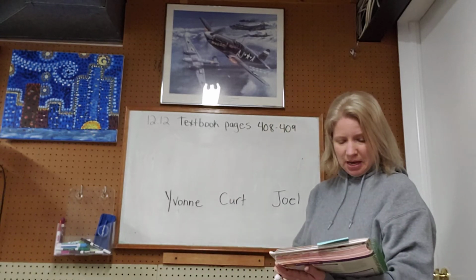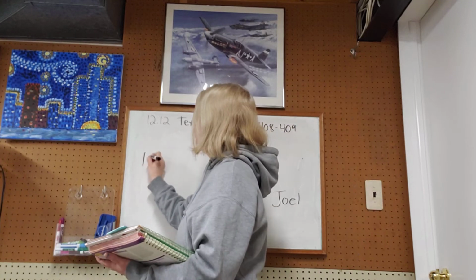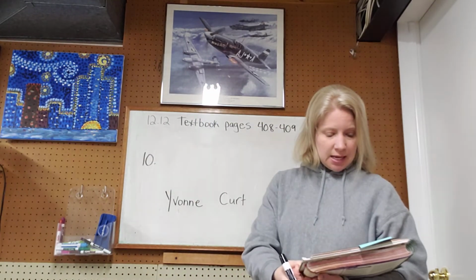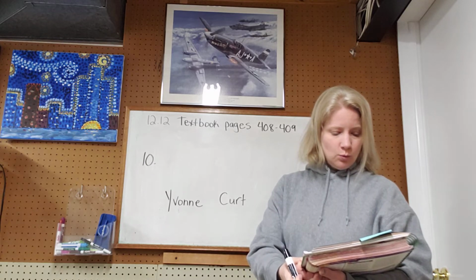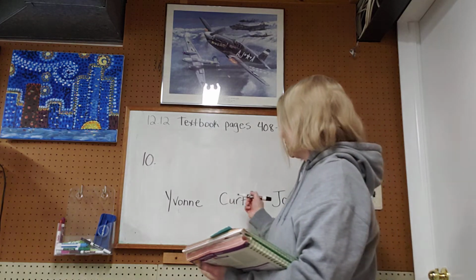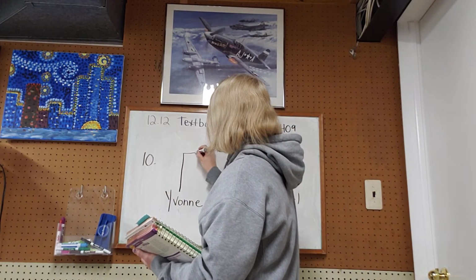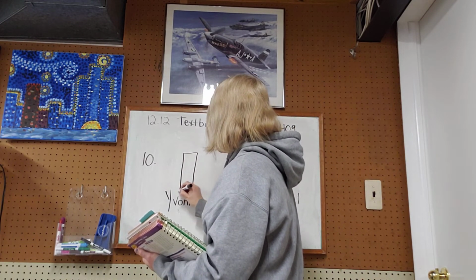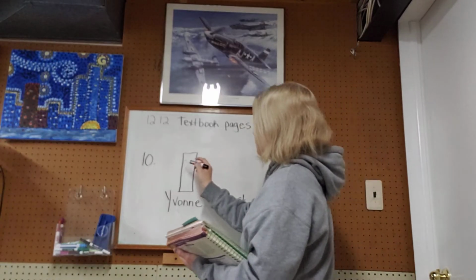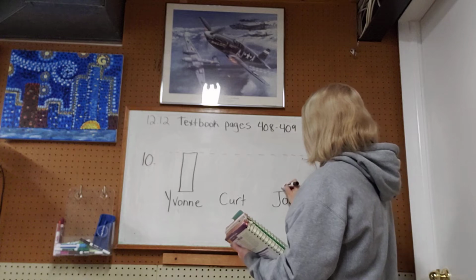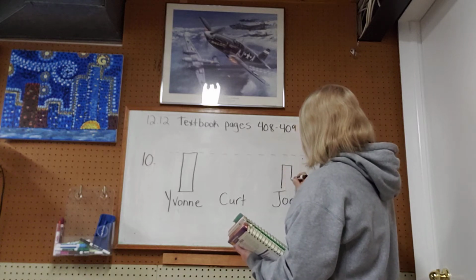Okay, so they each made bread. This is number 10. It says Joel's bread rose less than Yvonne's. So we know Yvonne's was going to be larger than Joel's. Okay? So let's kind of dash it over. Joel's was less.